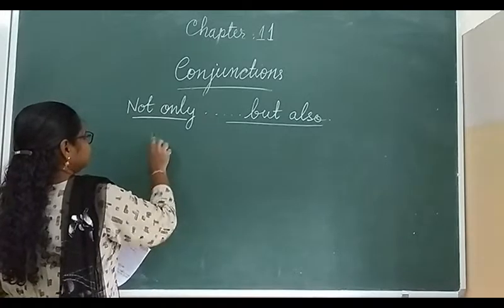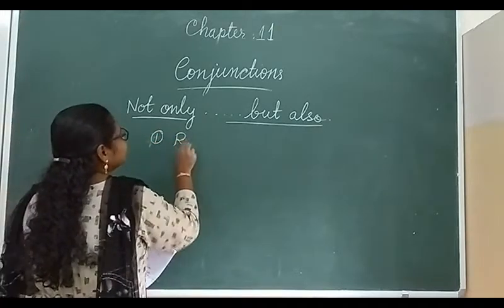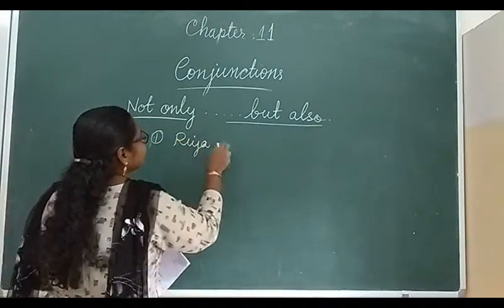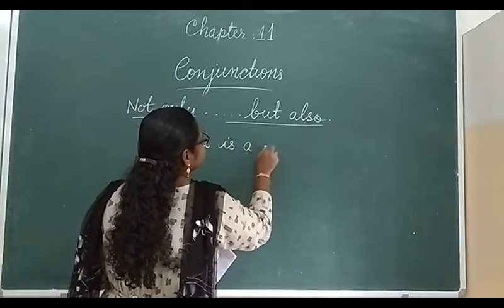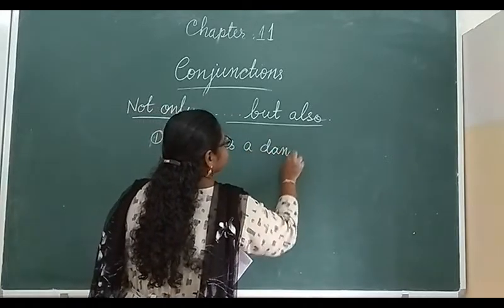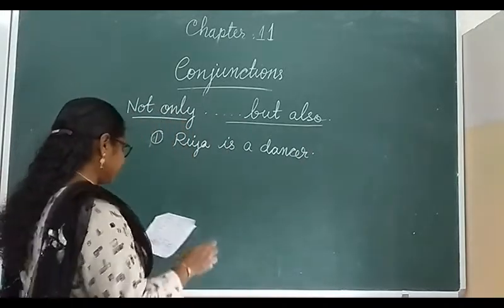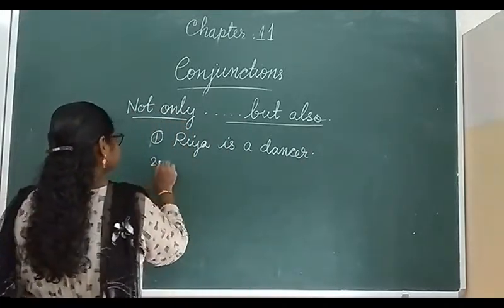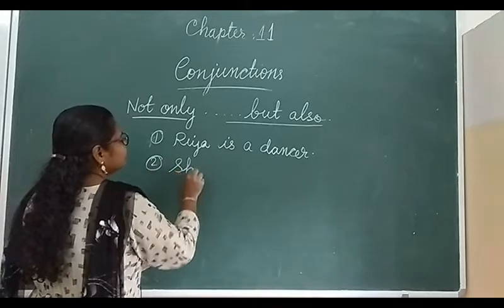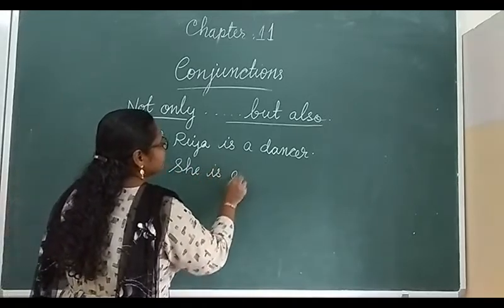First sentence: Riya is a dancer. Second sentence: She is a singer.